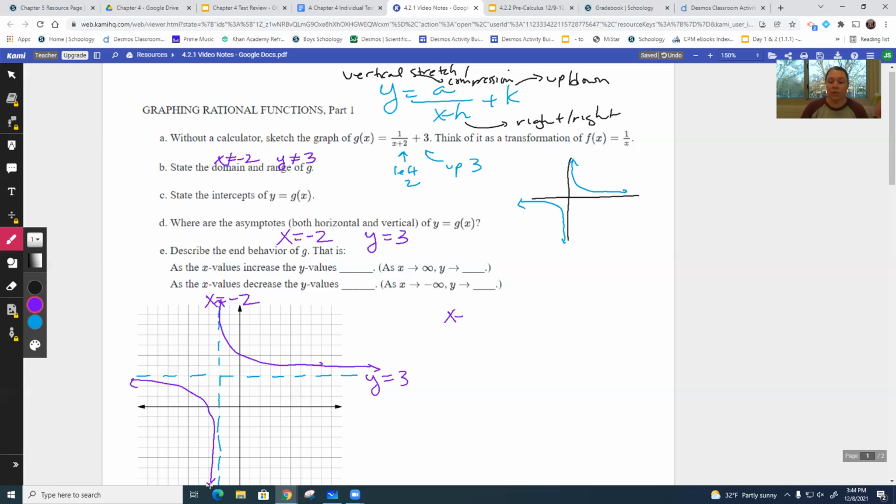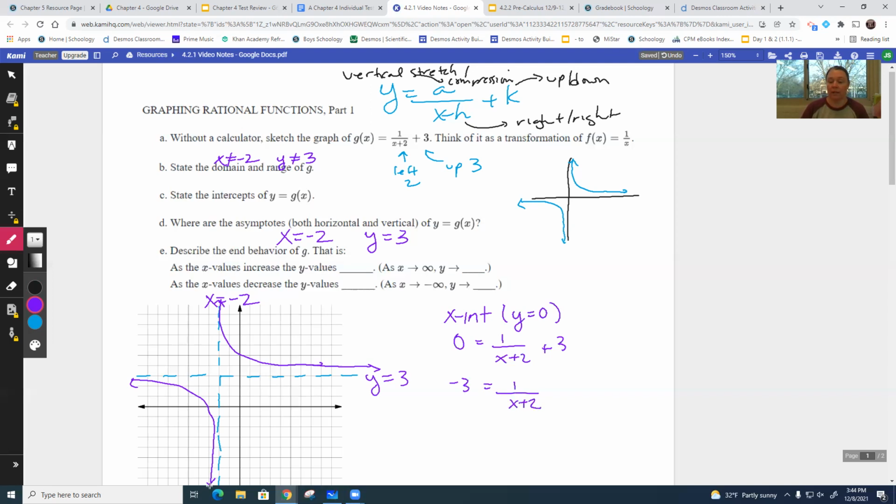For x-intercepts, any point that's an x-intercept, the y value is 0. So to find the x-intercept, I'm going to put 0 in for y. In this equation, in place of g of x, I'm going to put 0, and then solve for x. I'm going to subtract the 3.